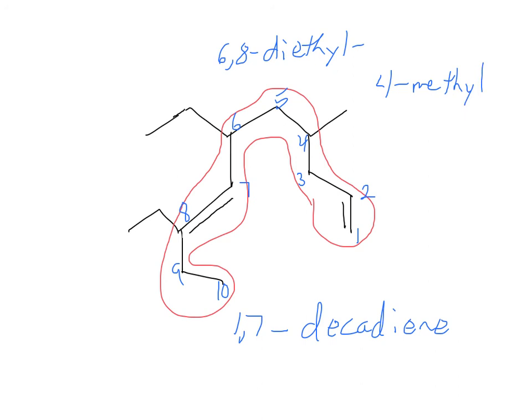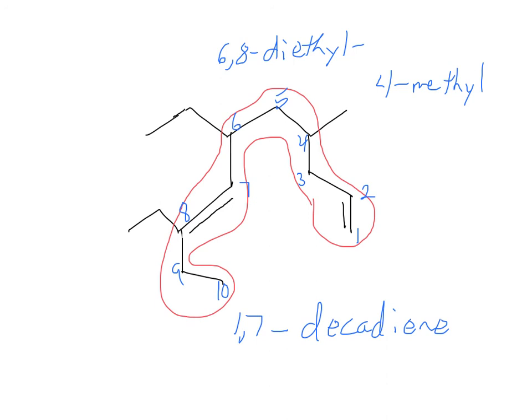Now we have to put these together. What comes first, diethyl or methyl? Di and tri don't count for alphabetizing, but E is still before M. So yes, diethyl is first, but not for the reasons you thought. So it'd be 6,8 diethyl, 4 methyl, 1, 7 decadiene.